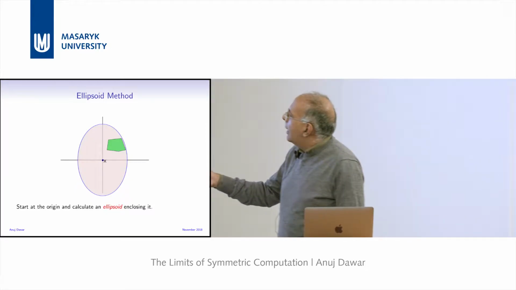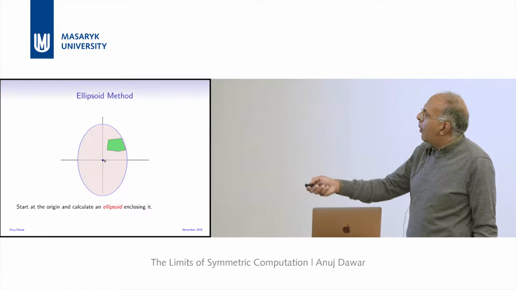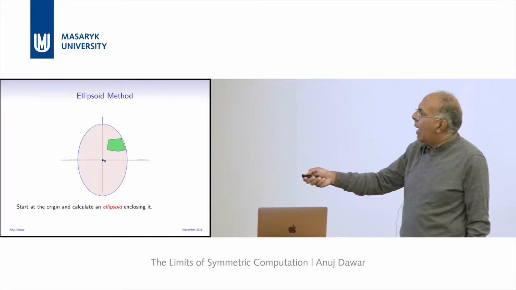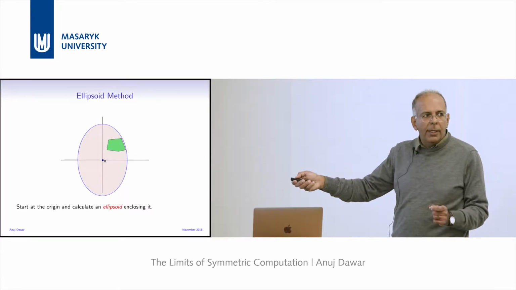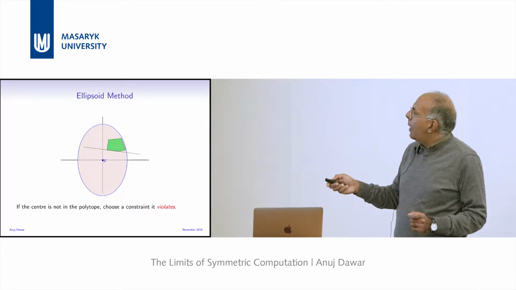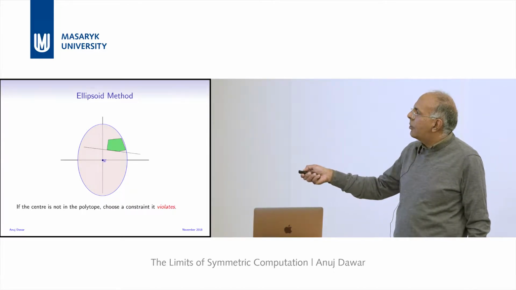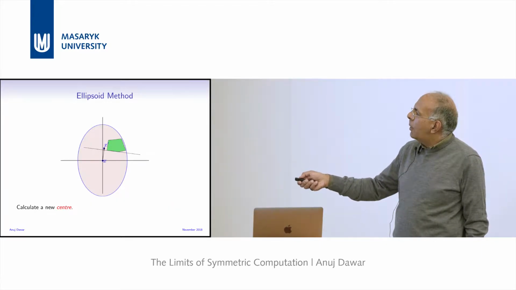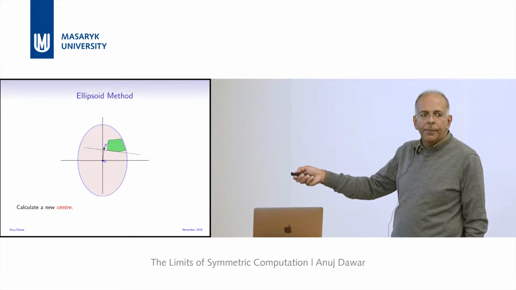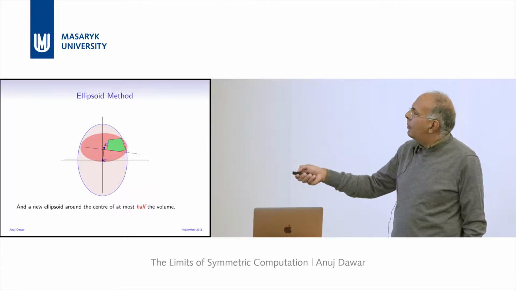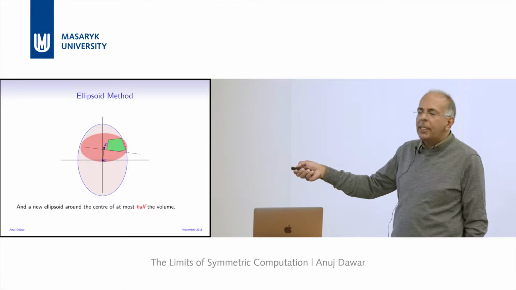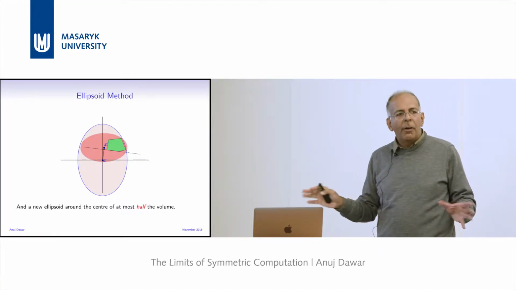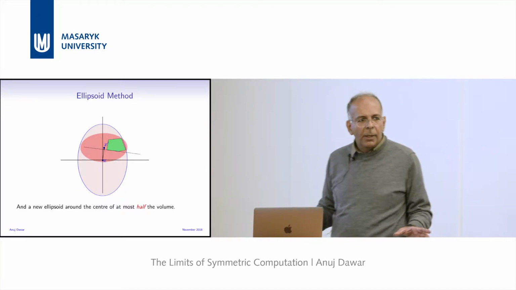Now we know that if there are any feasible points, they're inside this ellipsoid, and we know that the center of the ellipsoid is not in the region. So we choose one linear constraint that is violated by this point, project onto that, and then we can calculate a new ellipsoid centered around that, which is still guaranteed to contain the region, but is at most half the volume.